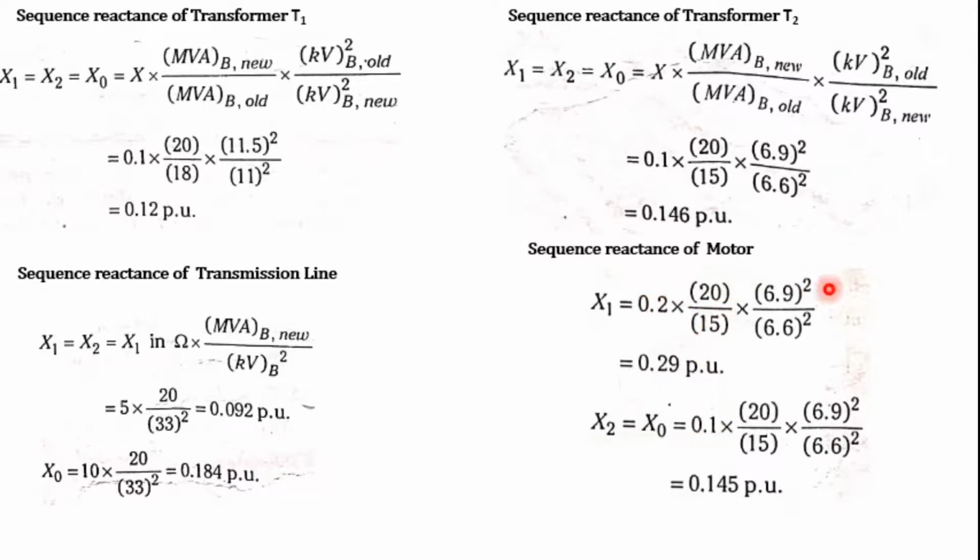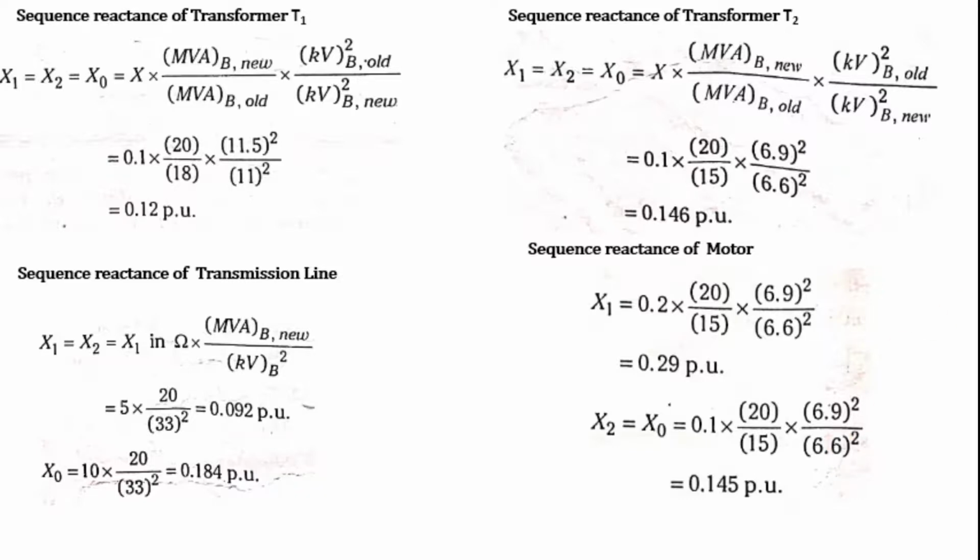Substitute these values, old value 6.9, new value 6.6, you get 0.29, and for X2 and X0 we'll get the value of 0.145.